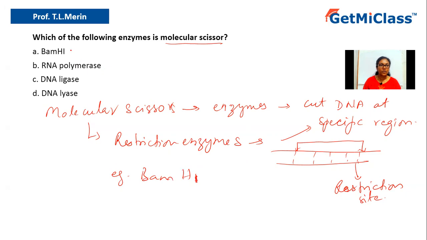So let us see. Option A says BamHI. Yes, that is correct because this is a type of restriction enzyme, which is also known as molecular scissors. So all the restriction enzymes are called molecular scissors. So BamHI, yes, it is a type of restriction enzyme.